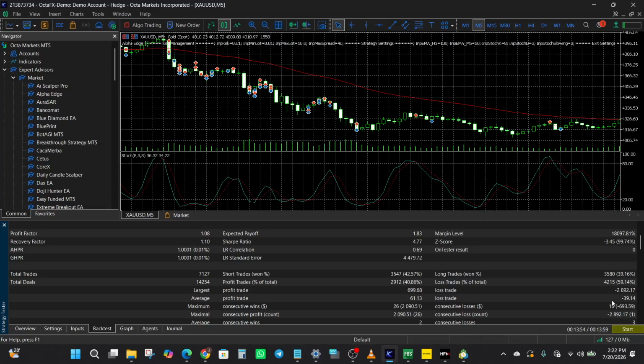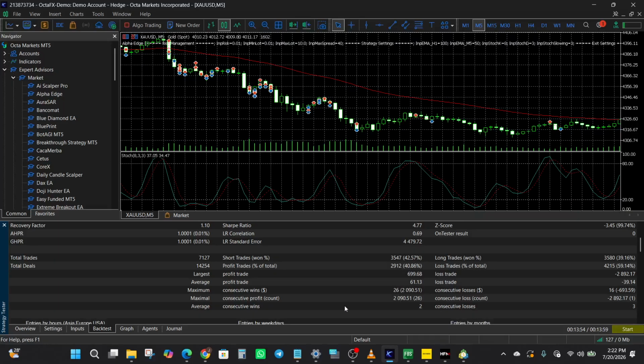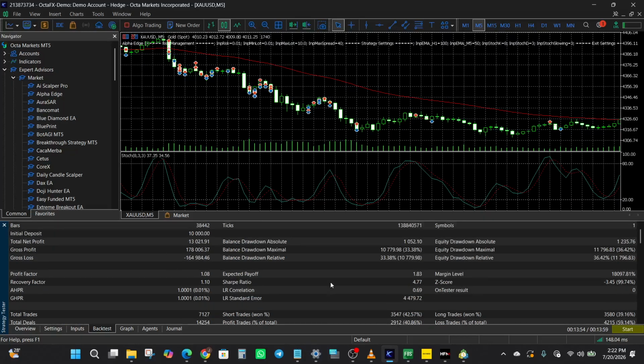At least the risk to reward ratio might not be all that good, but it is reasonable. It's not up to 1:2, but at least it is reasonable. All right, and I can see that we had 26 maximum consecutive wins, resulting in $2,090.51. The maximum consecutive losses were 16, resulting in $693.59. Okay, so at least the wins outweigh the losses.